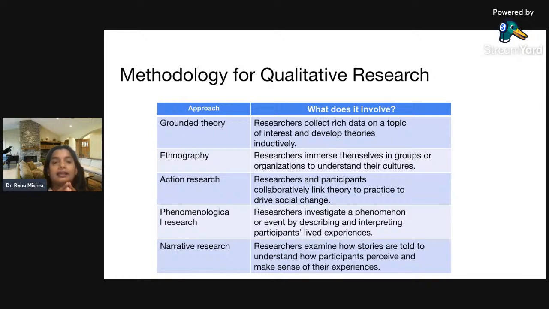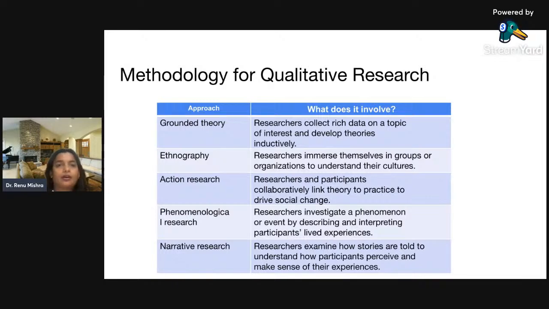If you want to investigate a particular event or phenomenon, you will go for phenomenological research. For example, if somebody wants to talk about the era of COVID, how that event happened, how it changed the lives of people, and what were the experiences of the people going through that time, that is phenomenological research.